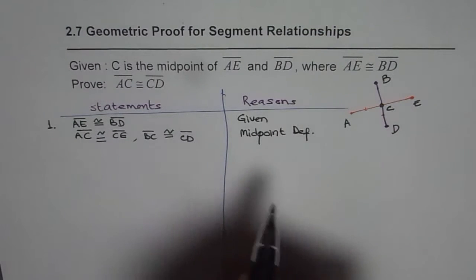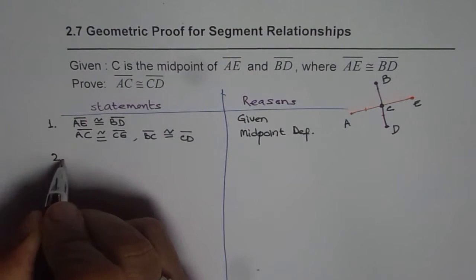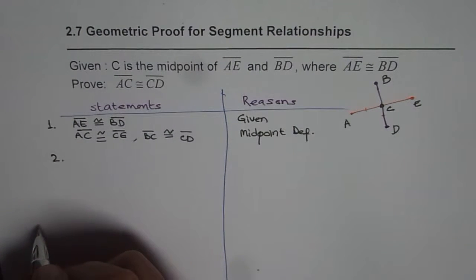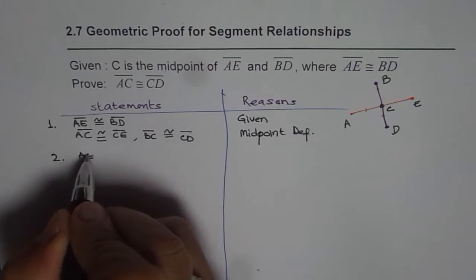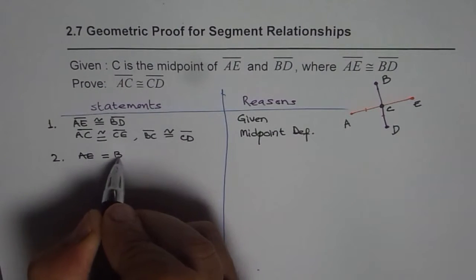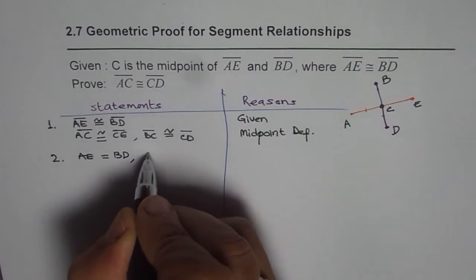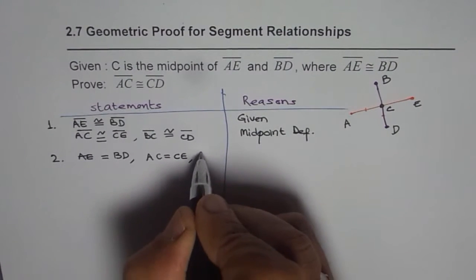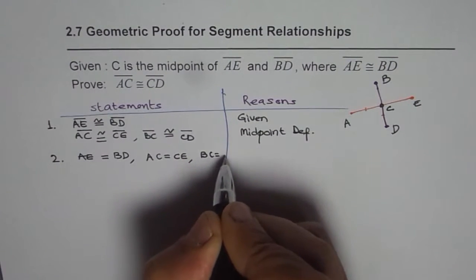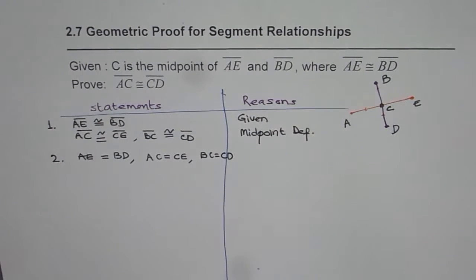Now when these segments are congruent, we can write that their measurements are also equal, correct? So we can say that AE is equal to BD, AC equals CE, and BC equals CD. Let me just squeeze it in here. Correct?